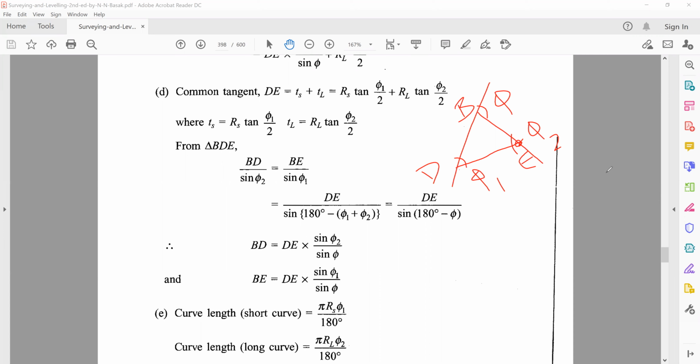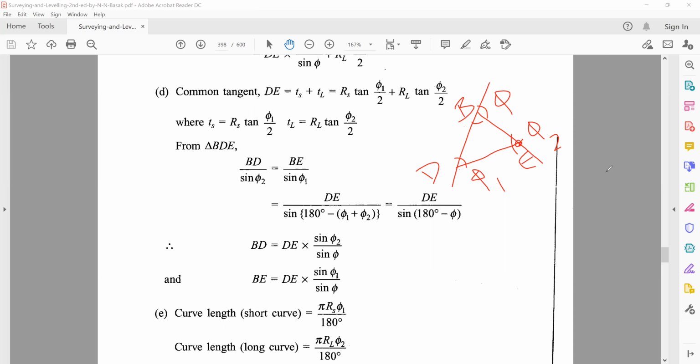Now, by using this, what they're doing is taking the trigonometric relations of sine, and that means that the side BD divided by sine of the opposite angle, which is phi 2, is equal to the side BE divided by the sine of the opposite angle, which is phi 1, is equal to the distance DE, which is the common tangent, divided by the sine of the angle B. Now, since we don't know this angle B, we can use 180 minus phi, something that we've used before, or if you're using this triangle, that would be 180 minus (phi 1 plus phi 2), and we know that phi 1 plus phi 2 is equal to phi, so it's basically the same thing.